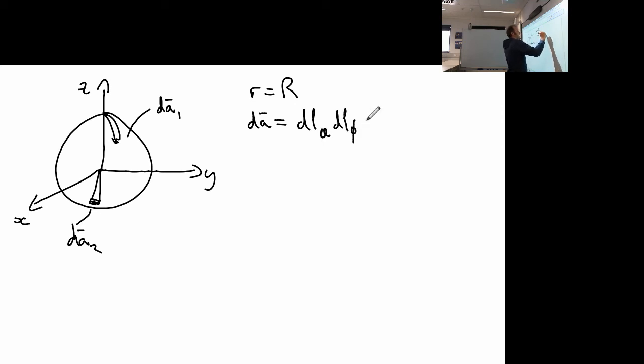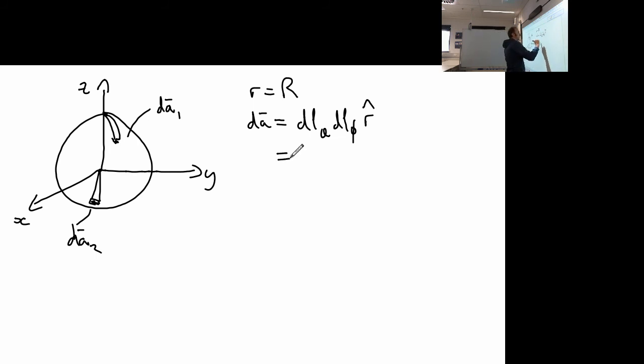Okay, so what can we say about our first surface? Well, r remains constant at big R, so we have our little r is equal to big R, whereas theta and phi are changing. So our infinitesimal surface area element is going to be equal to dl theta dl phi, and it's in the r hat direction.